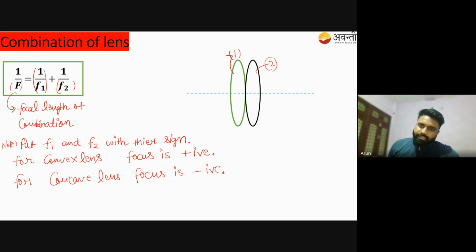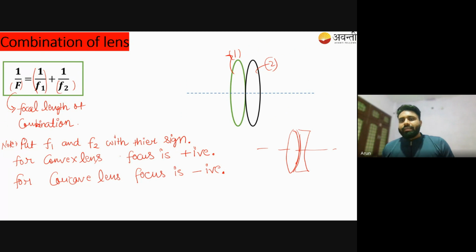Okay, got it? So suppose you are provided with a convex lens, and a concave lens arranged near to it, then find the focal length of the system. So how are you going to find this? 1 upon capital F is equal to 1 upon f1 plus 1 upon f2, if you consider this lens to be 1 and this lens to be 2. Both have the same focal length.